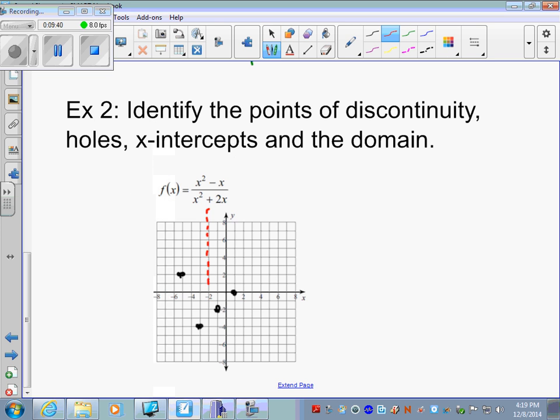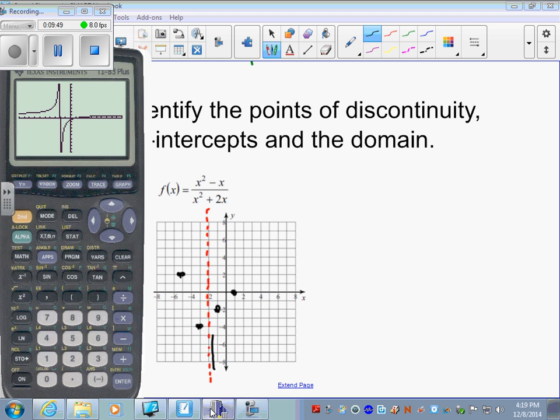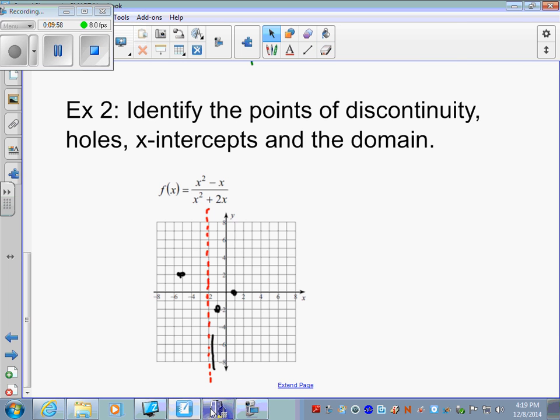So the graph looks like I have a point, oh, it should be -3, 4. The graph comes along here and here.